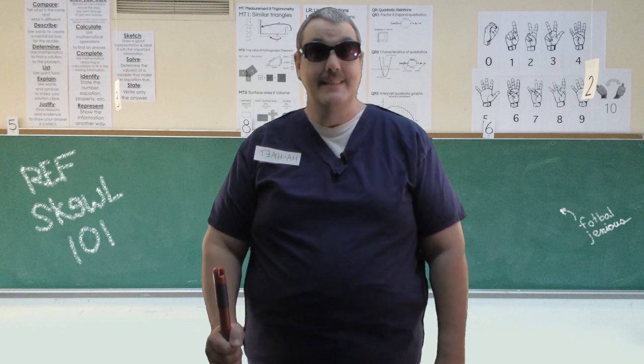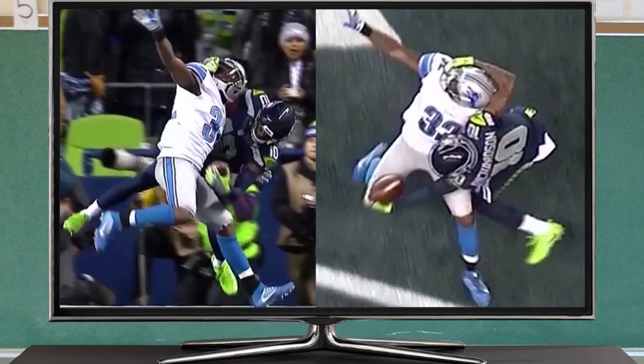Unless you're in Seattle. All Seattle players are allowed to grab any part of the opposing side's gear or body to deflect the ball. If the Seattle player does not catch the ball, then it is automatically defensive pass interference. Make sure you get that in your notes. That is very important.